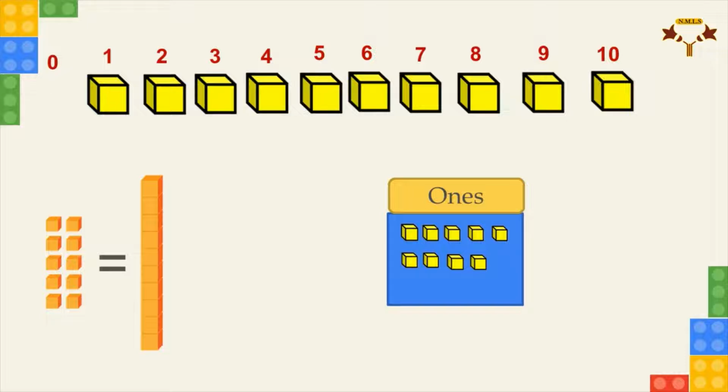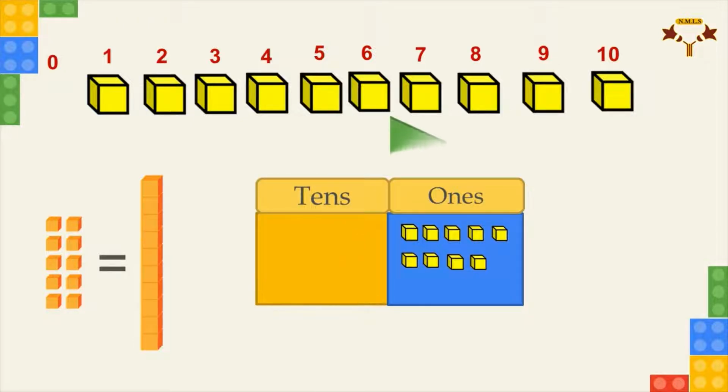So I can collect the 10 squares together, or tie them together, and put them in one column, which is called a rod. Yes, excellent. So here I have 10 squares equal 1 rod.